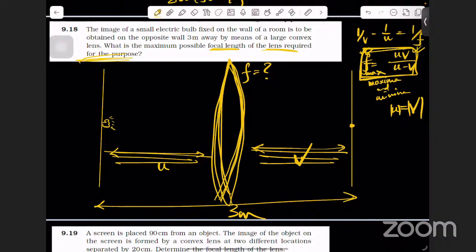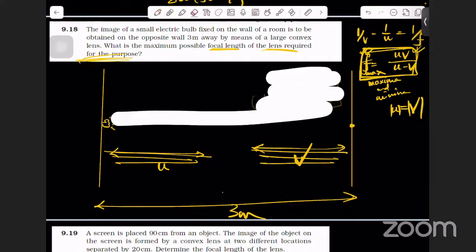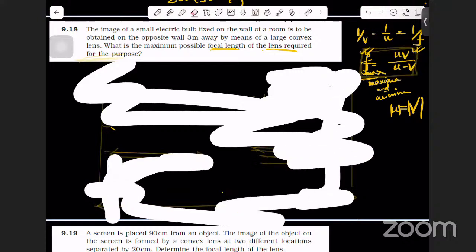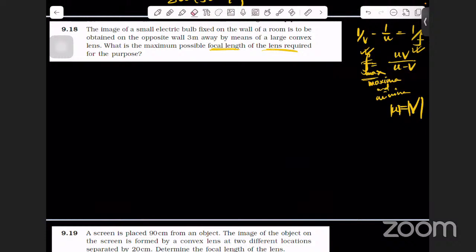That means when it's true for a convex lens, if U and V have the same magnitude, then that is equal to 2F, that is at the radius of curvature. When the object is at the radius of curvature, then only the image is also found at the radius of curvature on the other side.